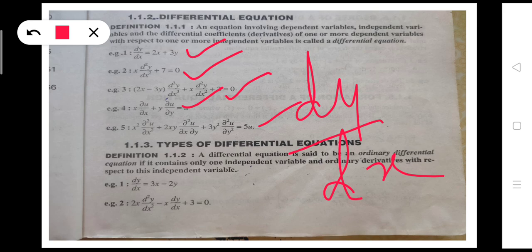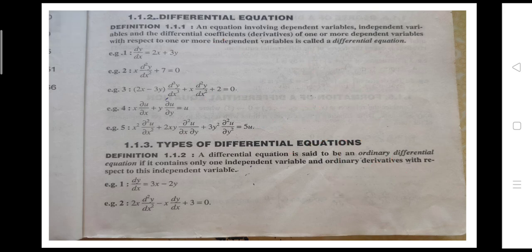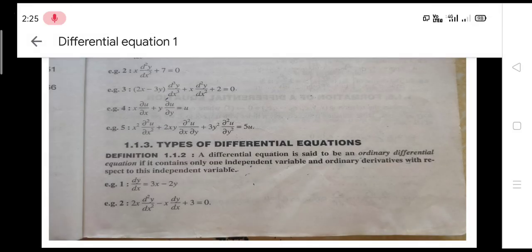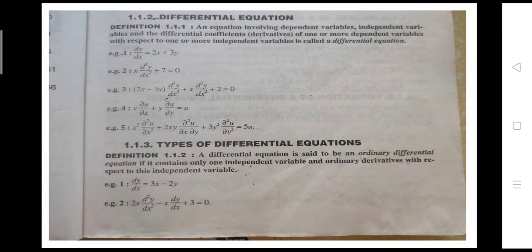What is an ordinary differential equation?